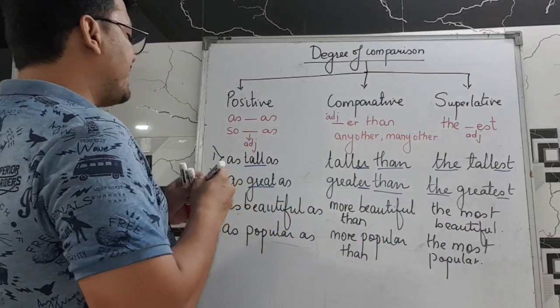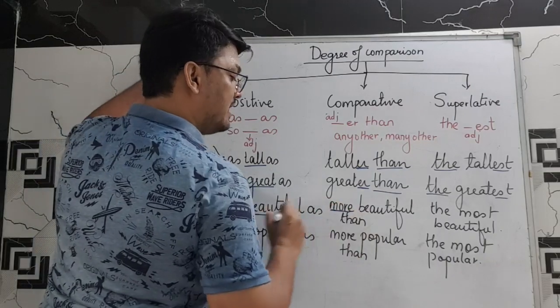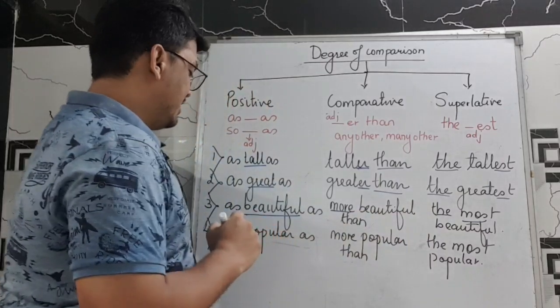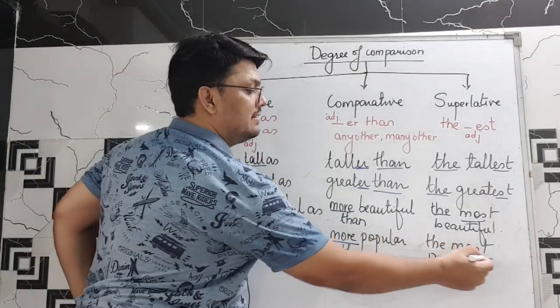You can see how I changed beautiful. As beautiful as turns into more beautiful and the most beautiful. As popular as turns into more popular and the most popular.